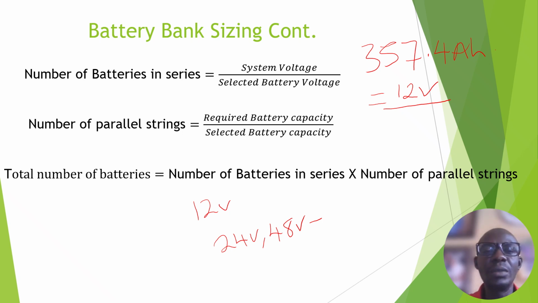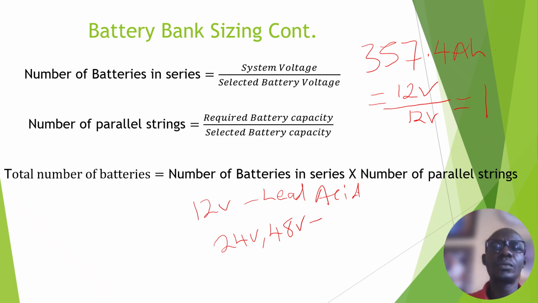But usually for this design, we are considering the lead acid battery. So our selected system battery voltage is 12 volts. So the number of batteries we need in series will be only one. 12 volt divided by 12 volt, that's 1.